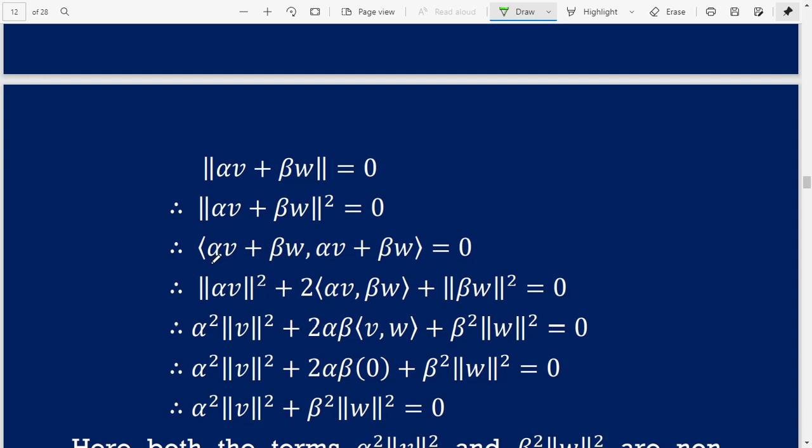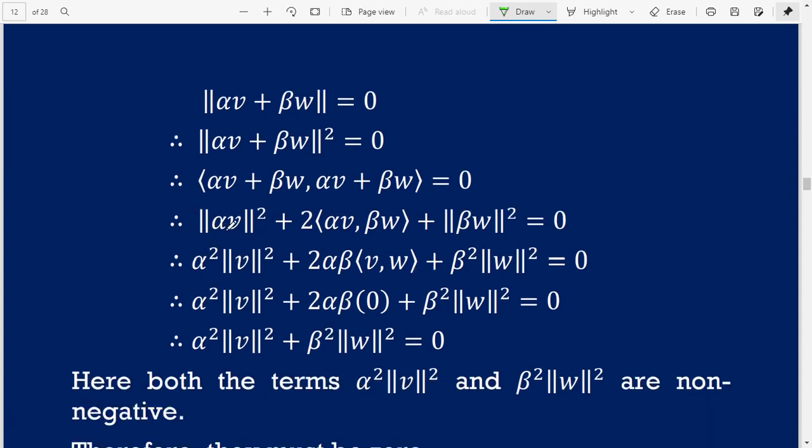Simplifying this, we get norm alpha V square plus 2 inner product alpha V with beta W plus norm beta W square is equal to 0. Now alpha square into norm V square plus 2 alpha beta inner product V with W plus beta square into norm W square is equal to 0.